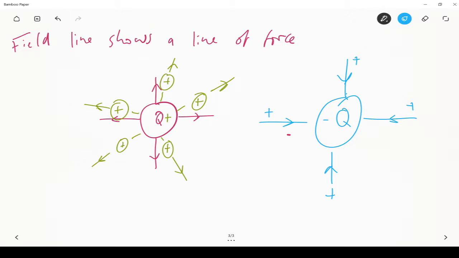So, the next thing I want to look at is electric potential.